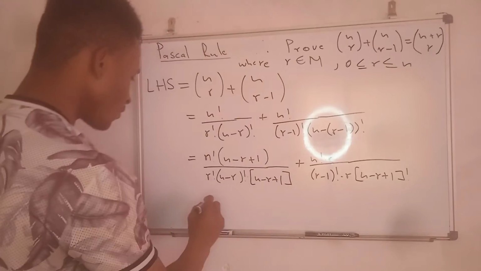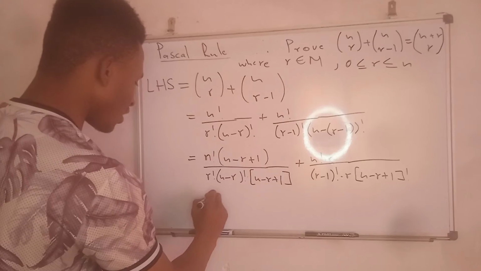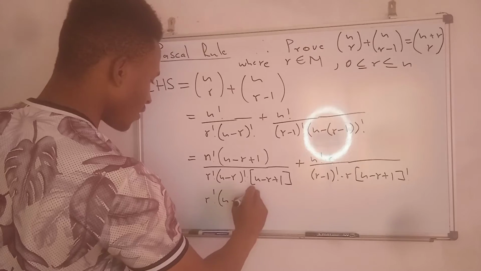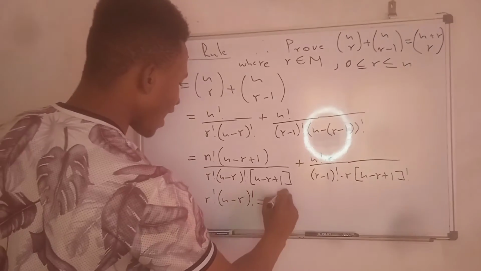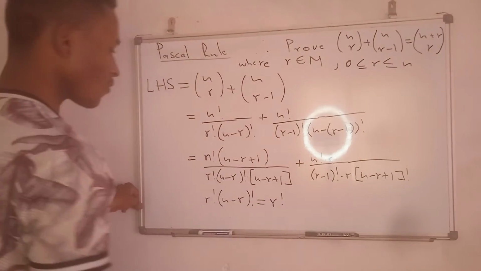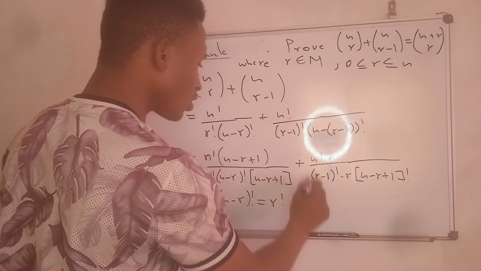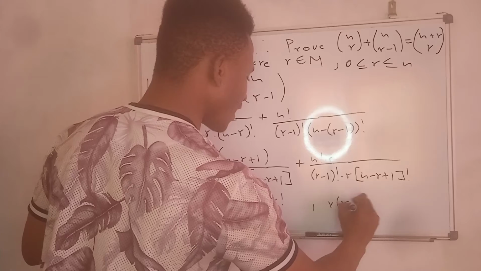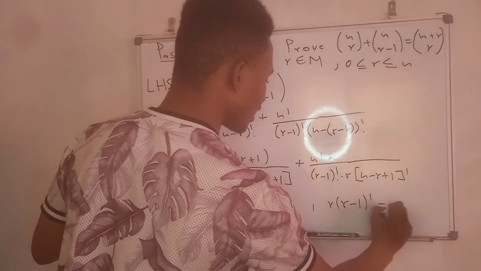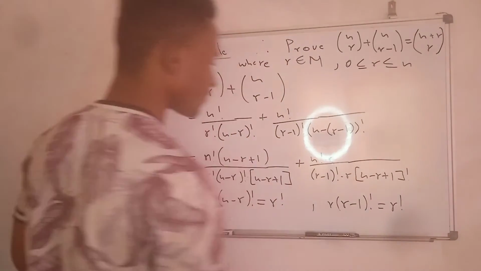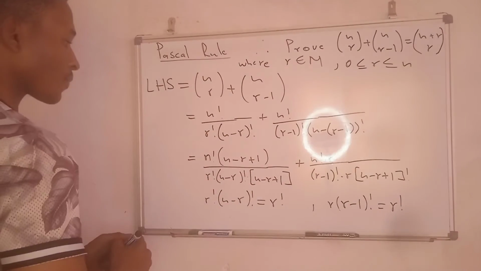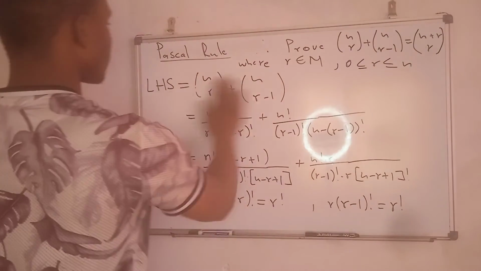But for r factorial times n minus r factorial, I can just write r factorial. And also on this one, r minus 1 factorial times r, I can just write r factorial. On this part, I can just write r factorial.